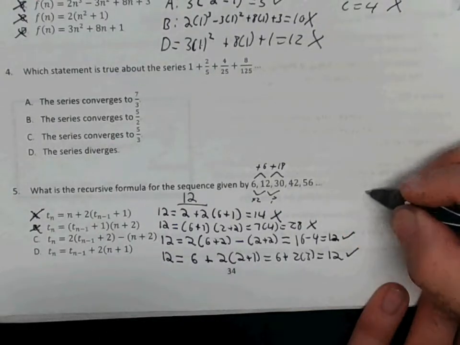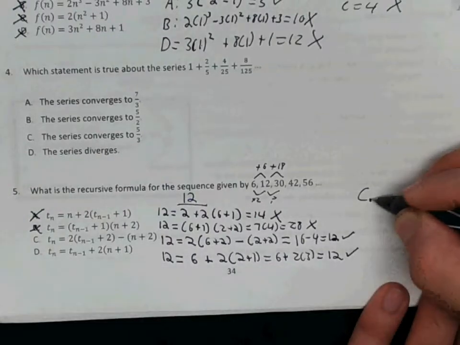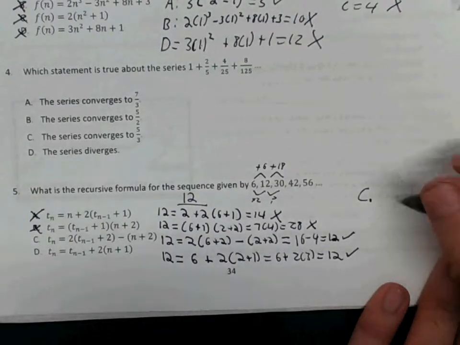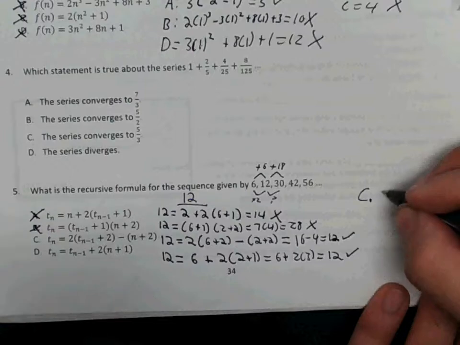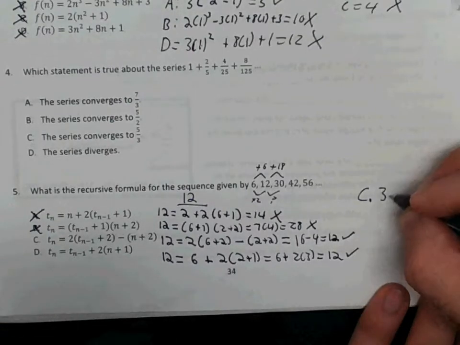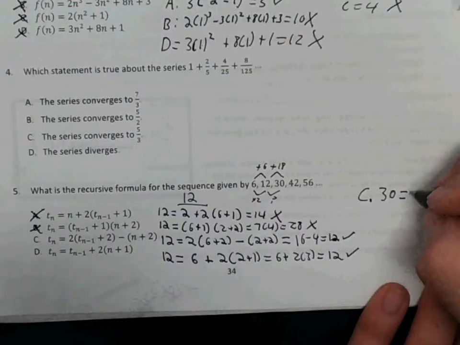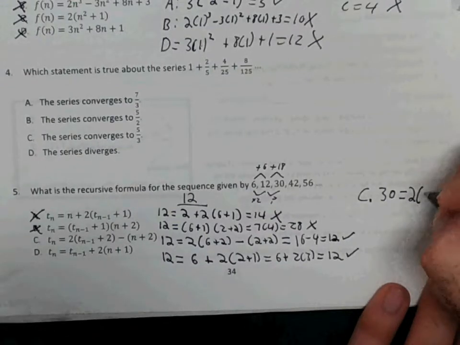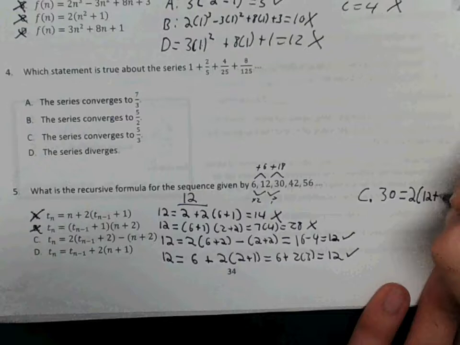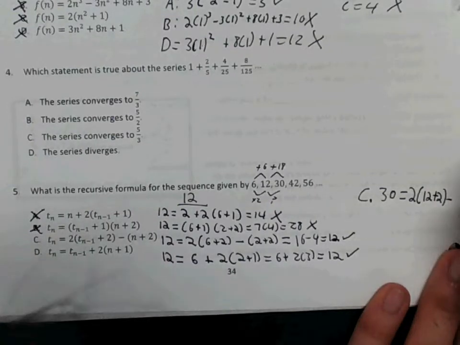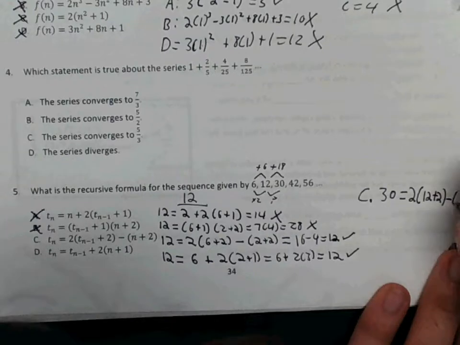So now we can evaluate C at 30. We evaluate 30. Is 30 equal to 2 times 12 plus 2 minus, 30 is the third term, 3 plus 2?